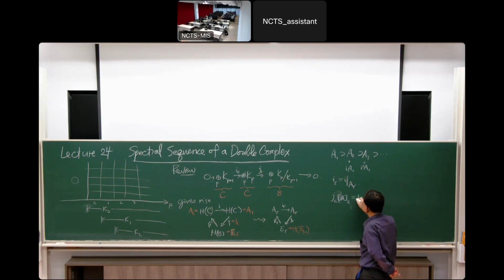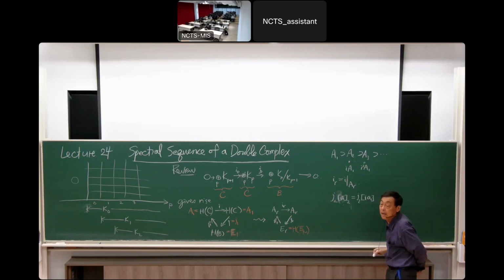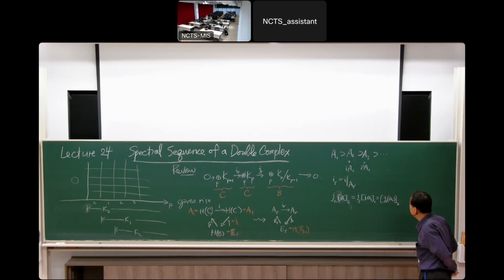So by definition, that a is in A2, so it's i of some a1, and then j2 of i a1 is just j1 a1. Okay, and then you take its class in A2.